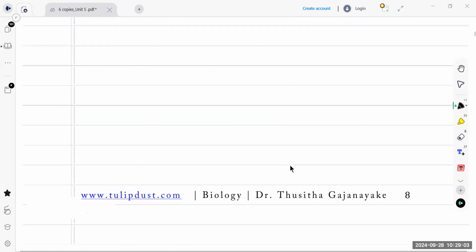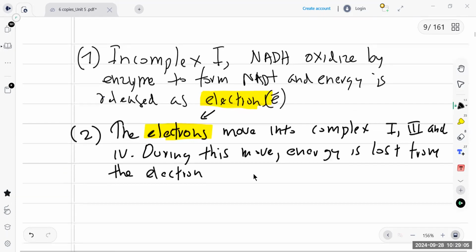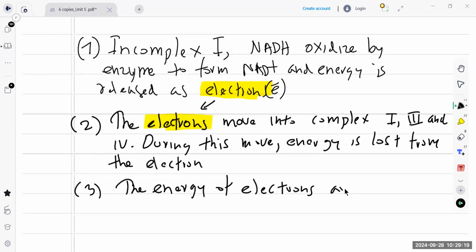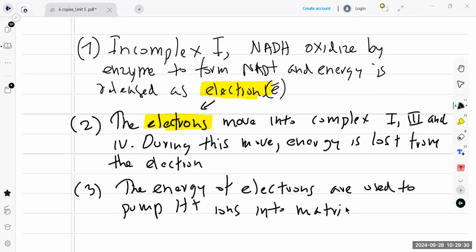Now we'll see the third one. What happened to this energy? The energy of the electrons is used to pump hydrogen ions into the matrix.